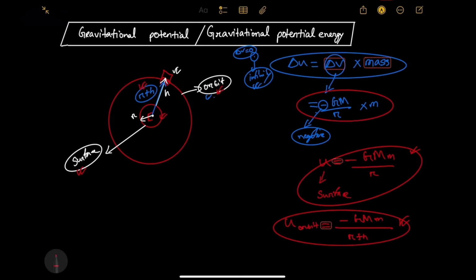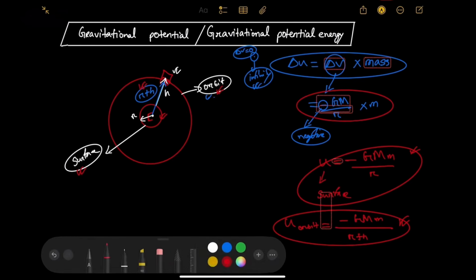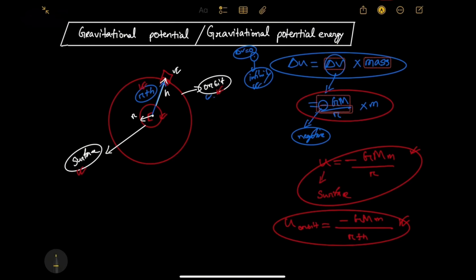Now, if I have to figure out the change in gravitational potential energy of the satellite as it moves from the surface of the earth to this orbit, what is the change?